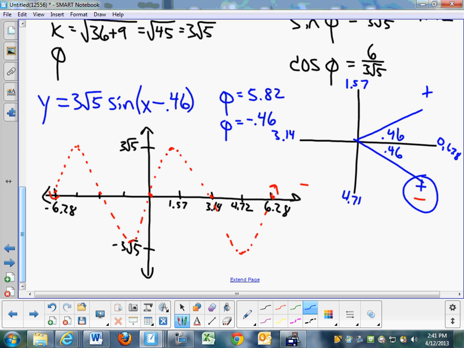Shift them positive 0.46 units that way, which is about a third or fourth of this 1.57. So let's move each one over a little bit. If we graph this, it would match up perfectly.